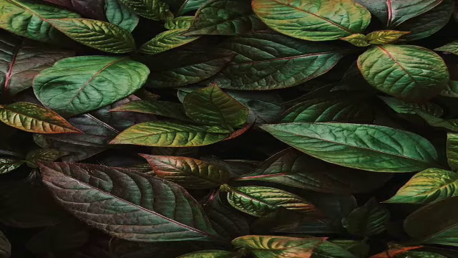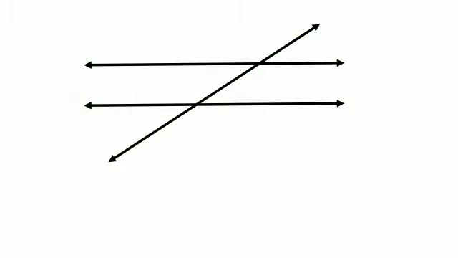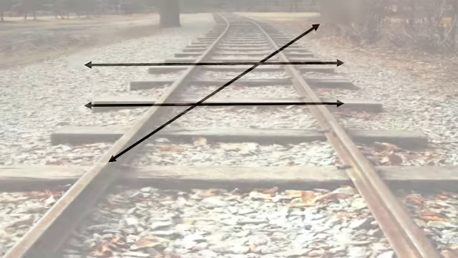Okay, and which are cut by the main vein representing a transversal. Okay, you can see that we have made purposeful use of this geometrical concept of parallel lines cut by a transversal in our day-to-day life. Okay, we take another example.